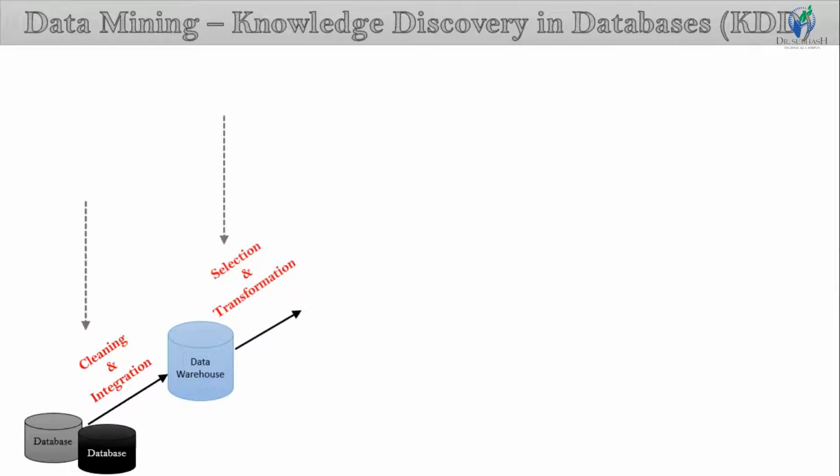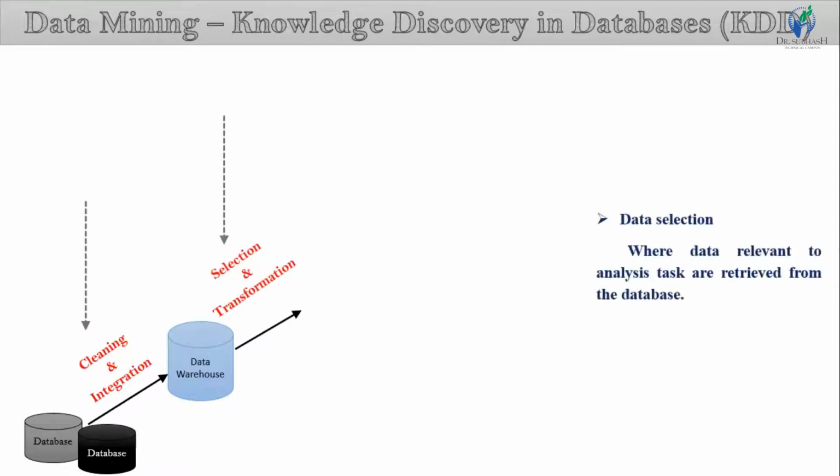In data selection, data relevant to analysis tasks are retrieved from the database. Data selection is the process where data relevant to the analysis tasks are retrieved from the database.